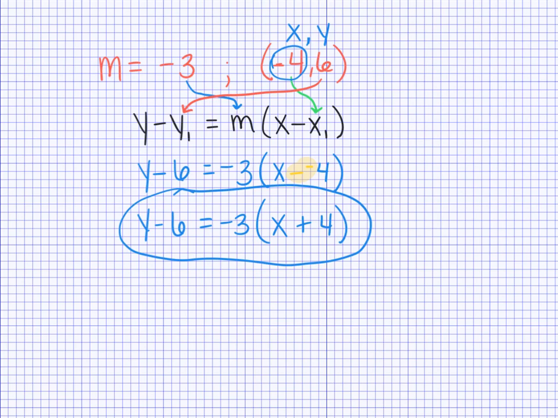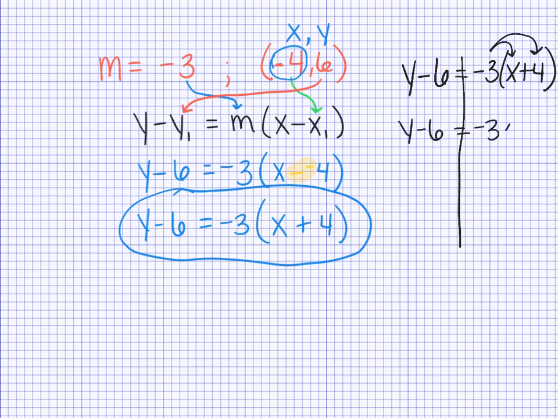So if I were going to take this equation and I were going to solve it for y, I'm going to come up over here to the side. The first thing I would need to do when we're solving equations is the distributive property. So we would need to distribute over here.